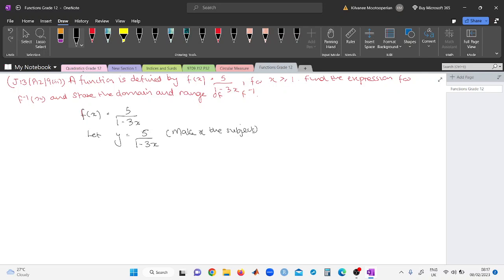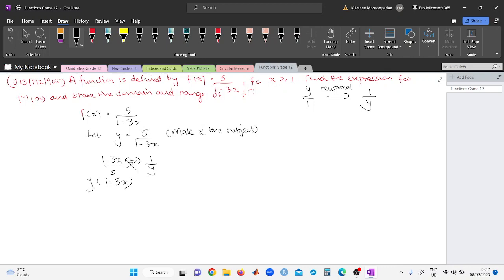Take the reciprocal, that is the inverse: 1 minus 3x over 5 equals 1 over y. I can also cross multiply if you want.